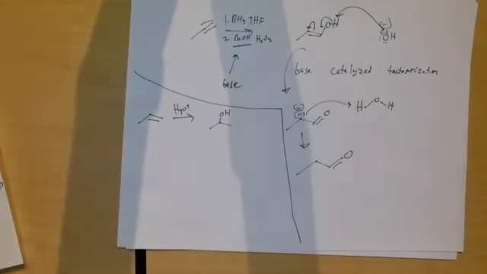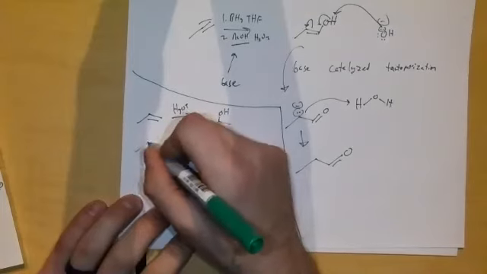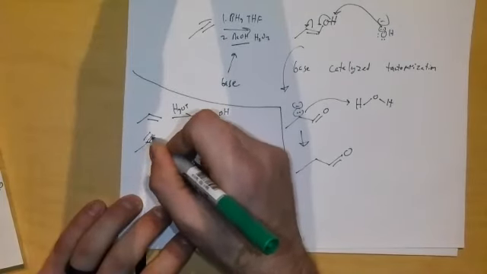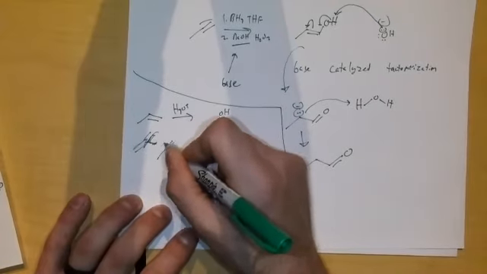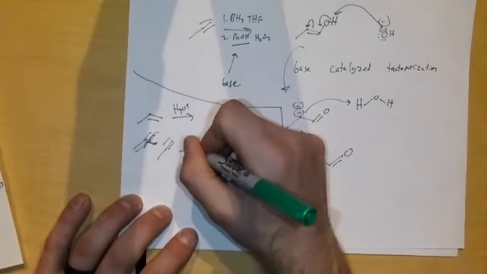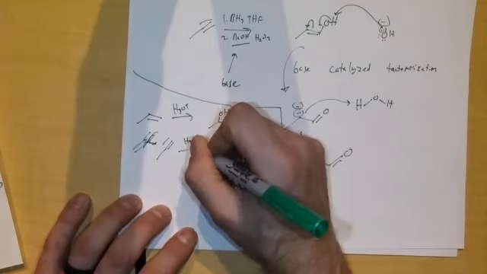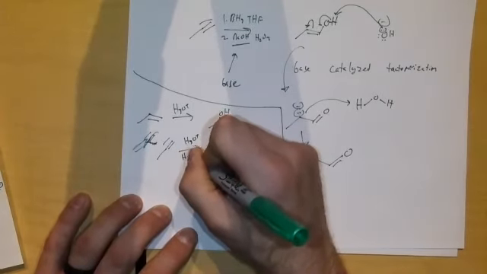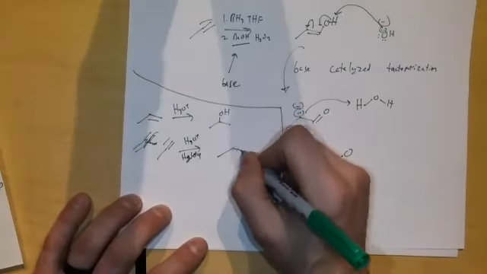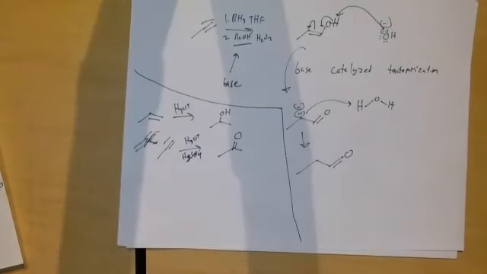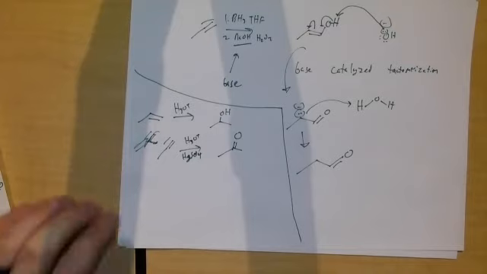H3O plus gets us to an alcohol. Oops, I need to roll on. For a triple bond, that's going to get us to a ketone.